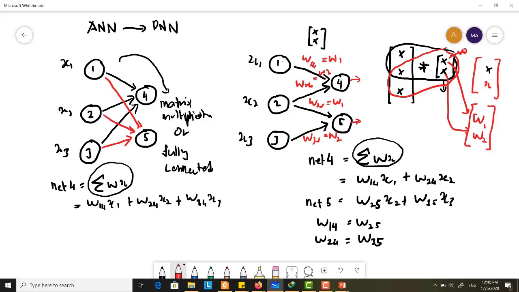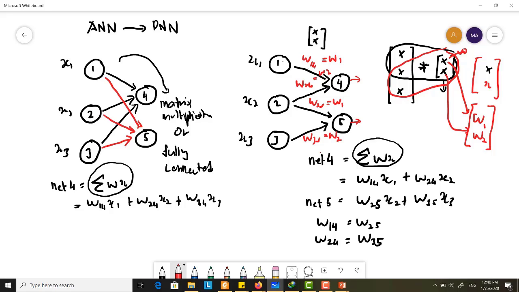It means that W1 and W2 here will also be applied here. So you don't need 4 Ws. Instead of 4 Ws, you only need 2 Ws, and those 2 Ws you translate across each and every input. That is the behavior of the convolutional operation.